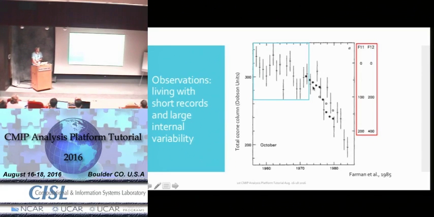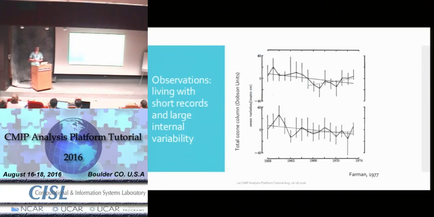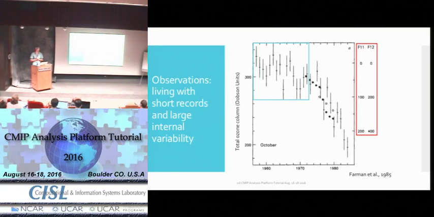And the CFCs were there already, right? But you couldn't really see it because there was enough variability in the system. So it's really dangerous to spend your time looking at a very small record, and looking at a long record of a forced response will give you much more valid information. And he got really famous for this paper, which ended up giving the people who explained why this was going on the Nobel Prize of Chemistry.